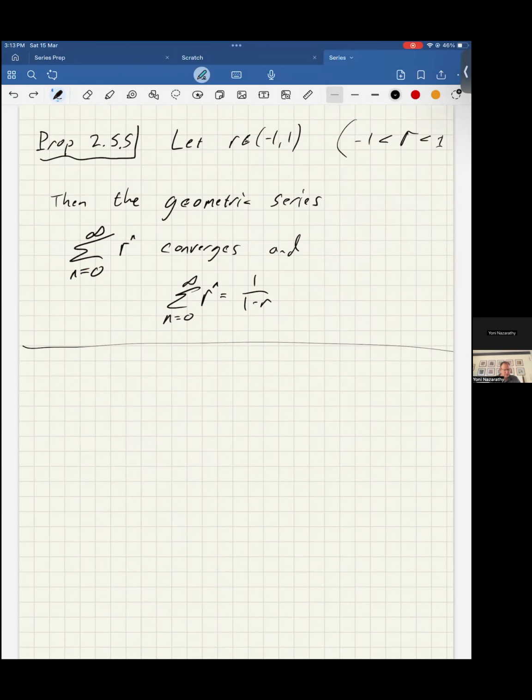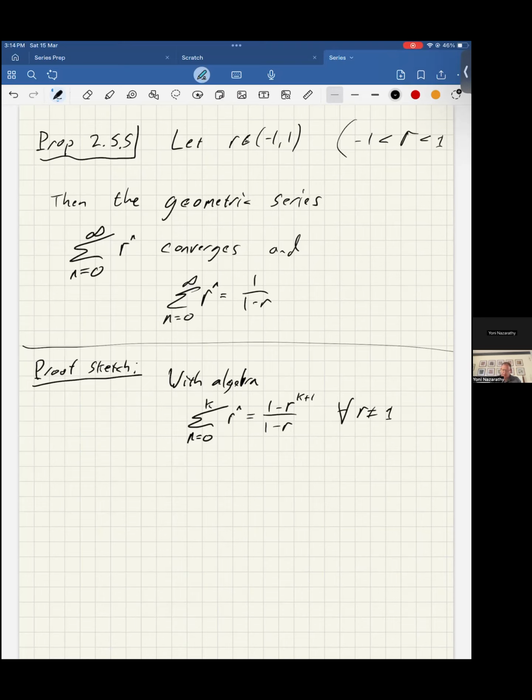Okay, so proof sketch. Most of the things you need to do in the proof here is to show with algebra, because you're only speaking about finite sums, that the sum of n going from 0 to k of r^n is this expression: (1 minus r to the power k plus 1) divided by (1 minus r), and that is for all r not equaling 1.